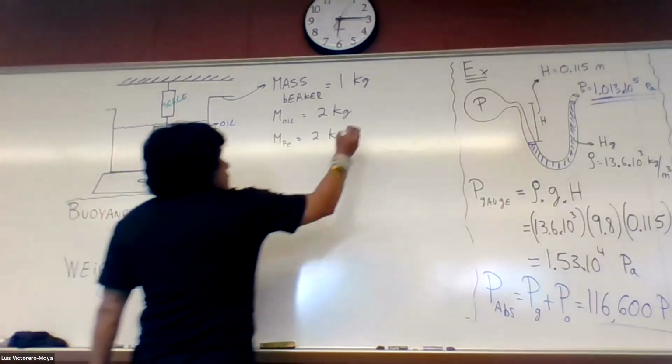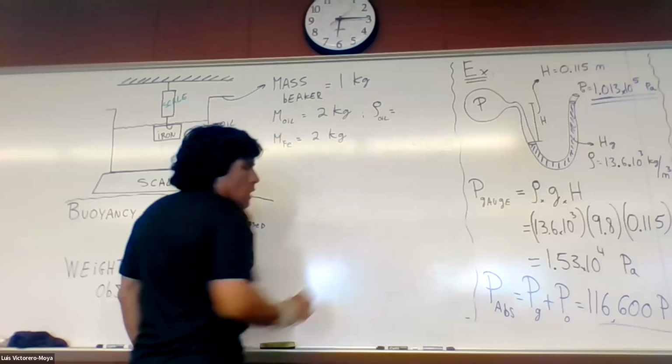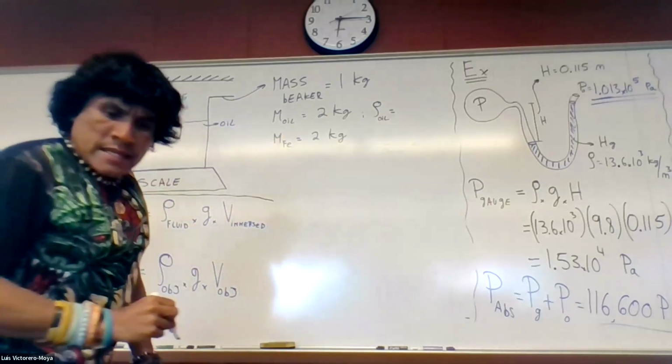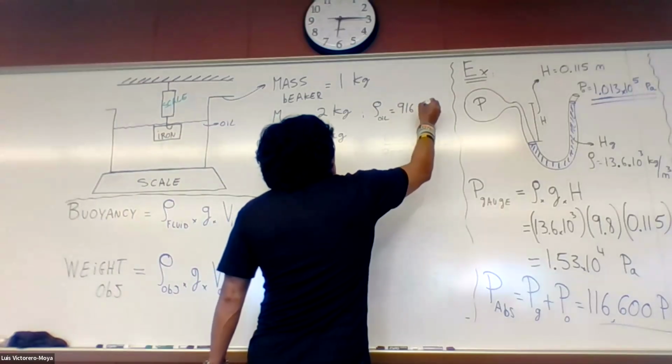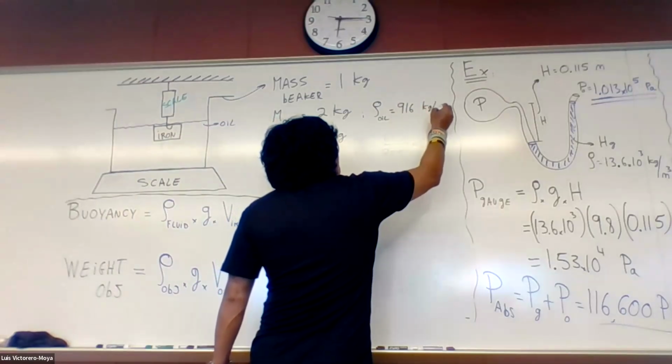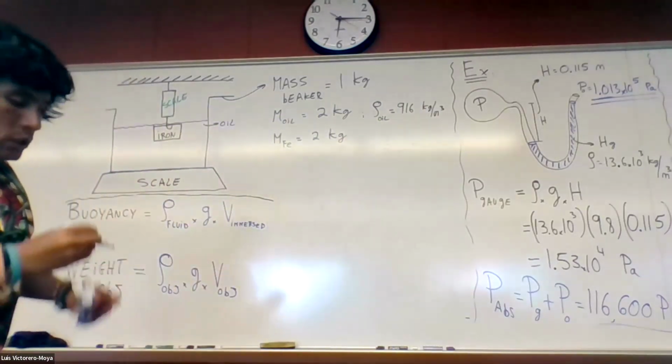And the density of oil is 916 kilogram per meter cube.